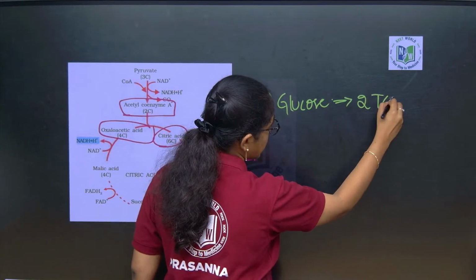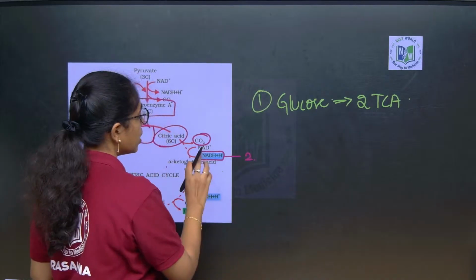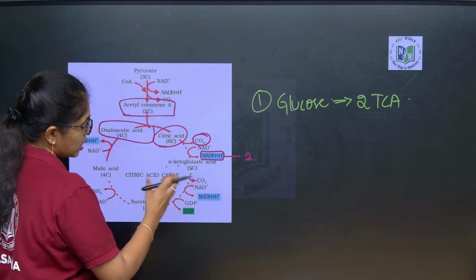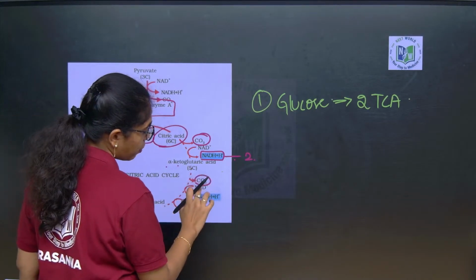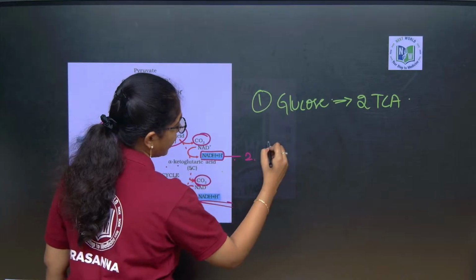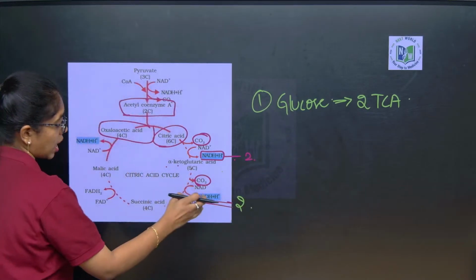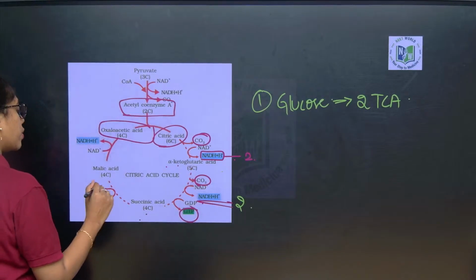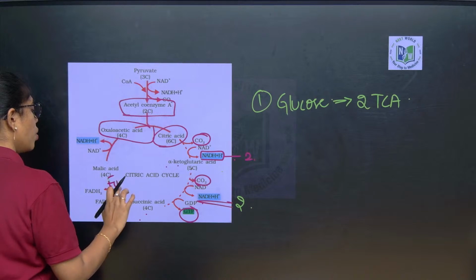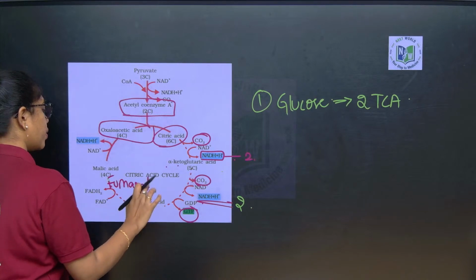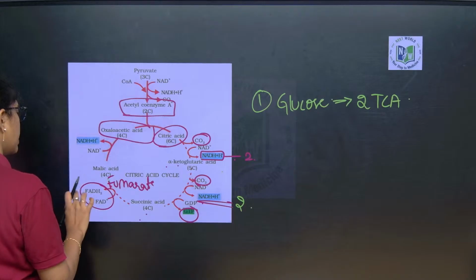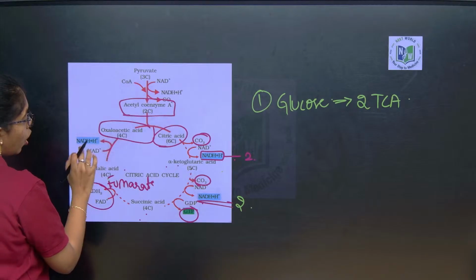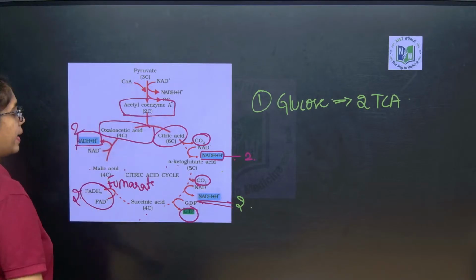Here 2 NADH, and alpha ketoglutarate to succinyl CoA, again a decarboxylation and again 2 NADH. Then from succinyl CoA to succinic acid, 2 molecules of GTP; succinate to fumarate, 2 molecules of FADH2; and then malic acid to oxaloacetic acid, 2 NADH.